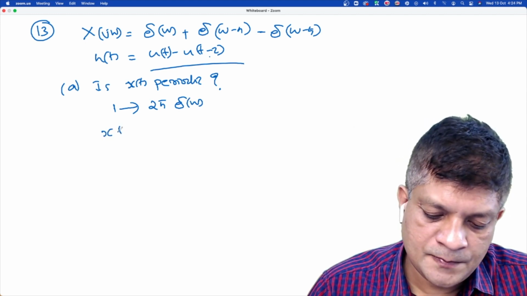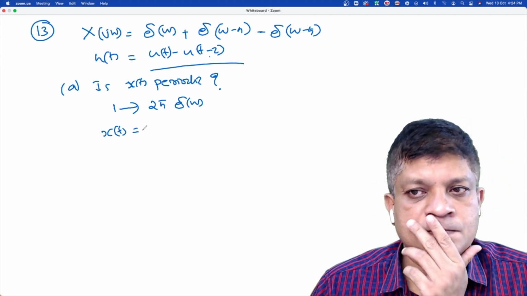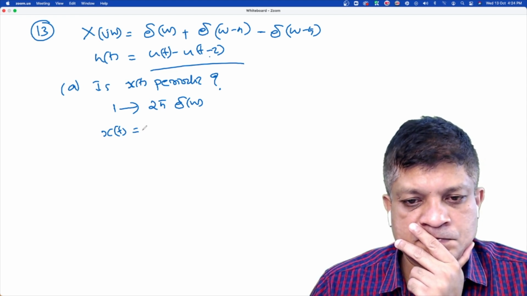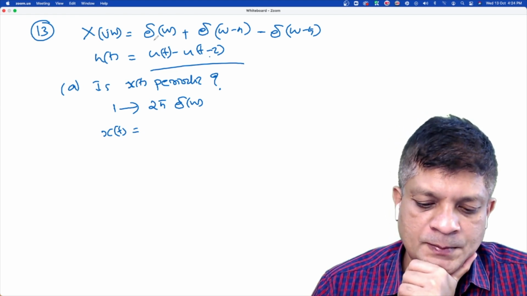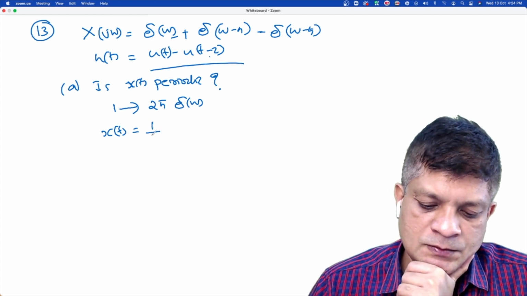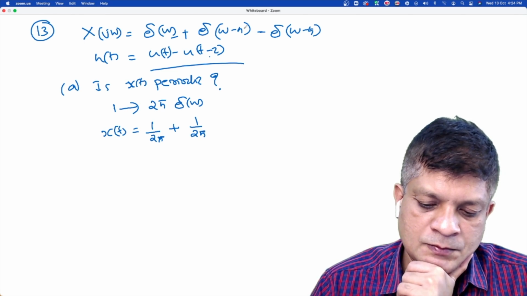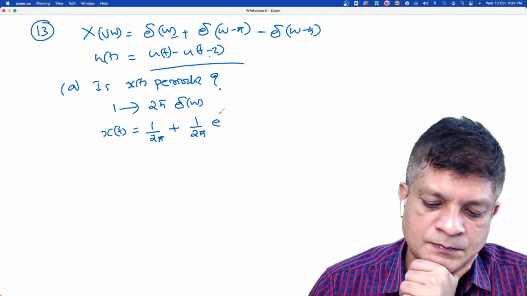Now what is x(t)? We can use the linearity property. What is the inverse Fourier transform of this part? Delta(omega) gives 1 by 2 pi. Plus what? What is e to the power j pi t?